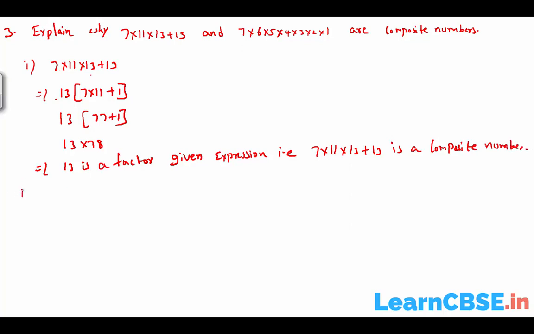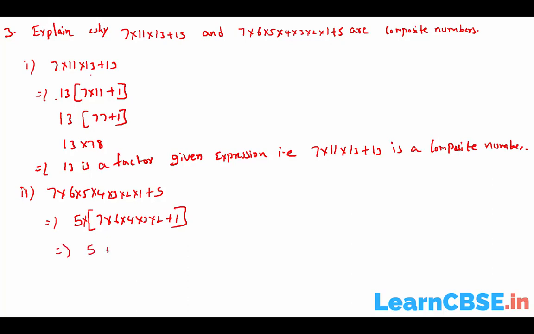Now go for the next one. 7 into 6 into 5 into 4 into 3 into 2 into 1 plus 5. I'm taking 5 common here. We are left with 7 into 6 into 4 into 3 into 2 plus 1. It means 5 into some number. Here 5 is a factor of the given number, not expression, because there is no variable.